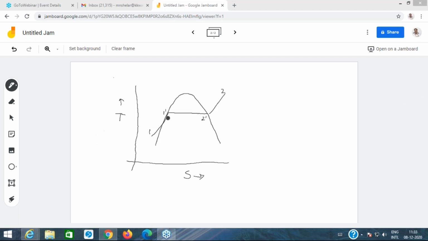Now, what is the state at 1 dash? Yes, right. Pranav, Sharvari, Neha. State 1 dash is saturated water.